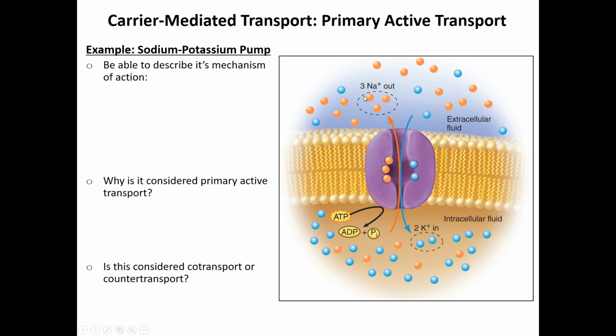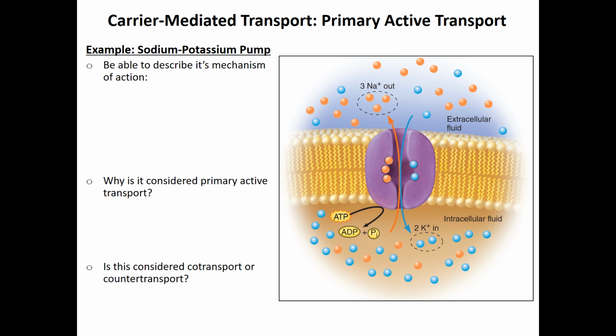In an opposite direction, which is why this is considered countertransport, potassium ions, which you see in the ECF, are going to enter this carrier protein, and they're going to bind in 2 active sites. And so 2 of those potassium ions will be pushed against their concentration gradient into the intracellular fluid.